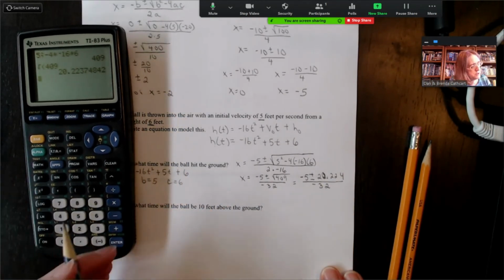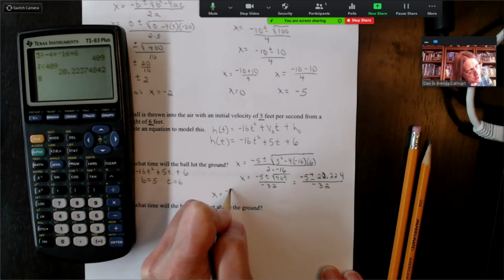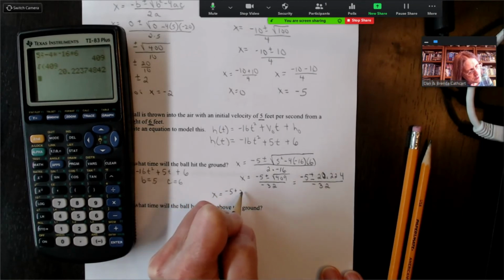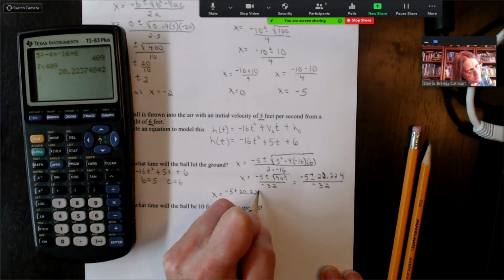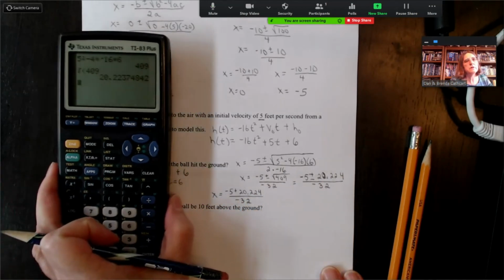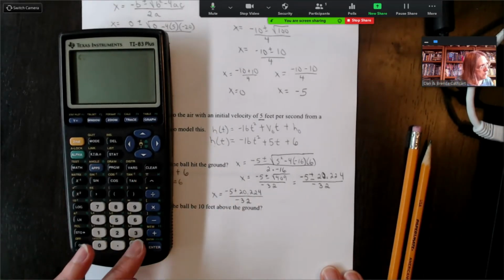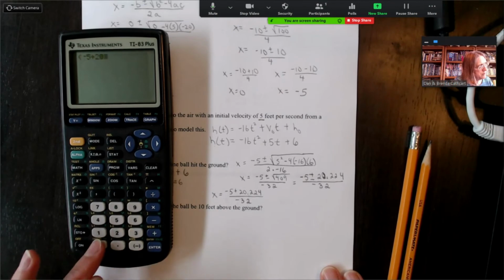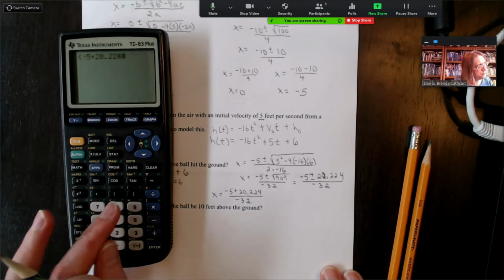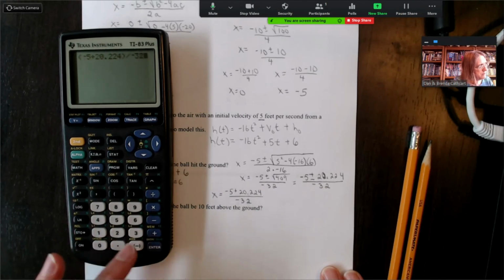Okay, so let's do those two values. Our first one is negative 5 plus 20.224 divided by negative 32. So let's do that on our calculator. If we use parentheses, we can do negative 5 plus 20.224, close the parentheses, and divide by negative 32.